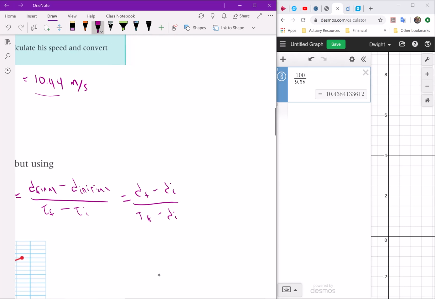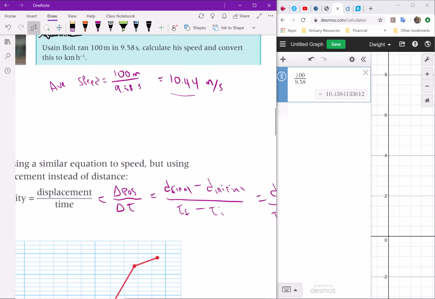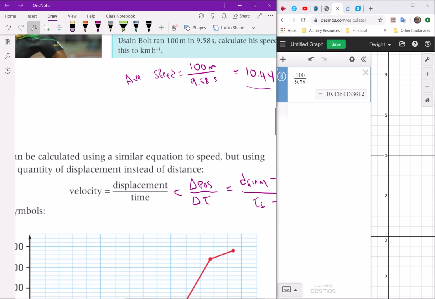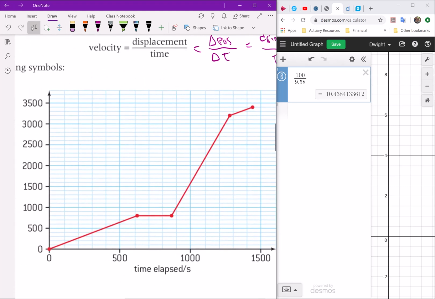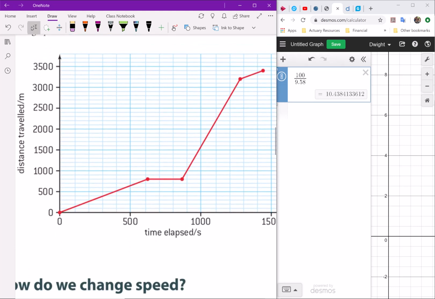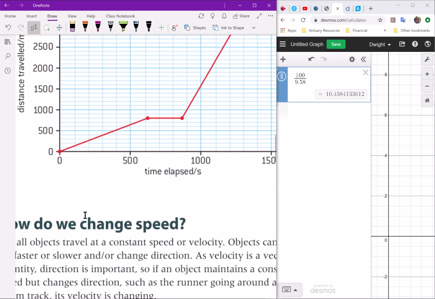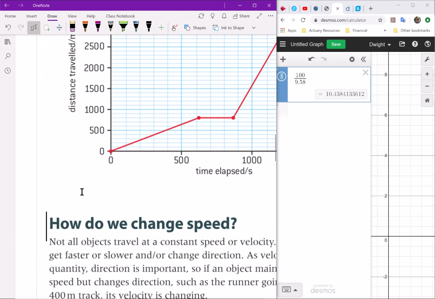You may recognize this as the same equation when you're doing math. It's just slope, right? All this is finding the slope of something. So as an example, you might be looking at a graph like this, and you might be asked to find, hey, what's the velocity of the runner?